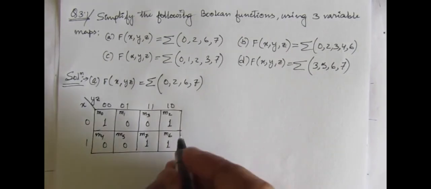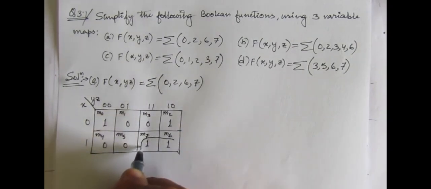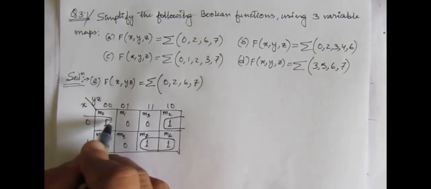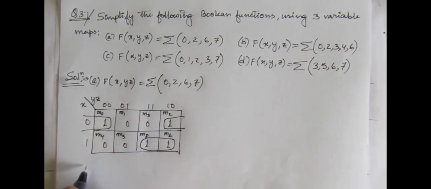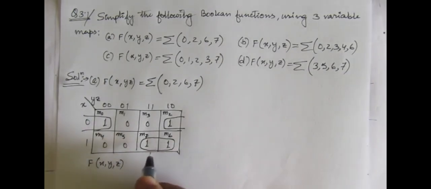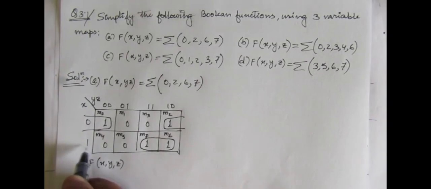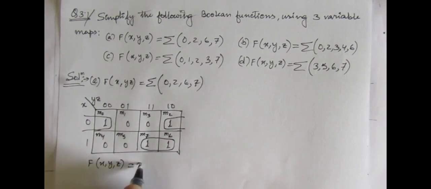Now let us combine this to minimize. So first of all, let us combine this. Similarly for this one, we get like this. From this we can write f of x, y, z equal to, now let us first consider this term. Here we can see that x equal to 1 for both these terms, so we'll write x.